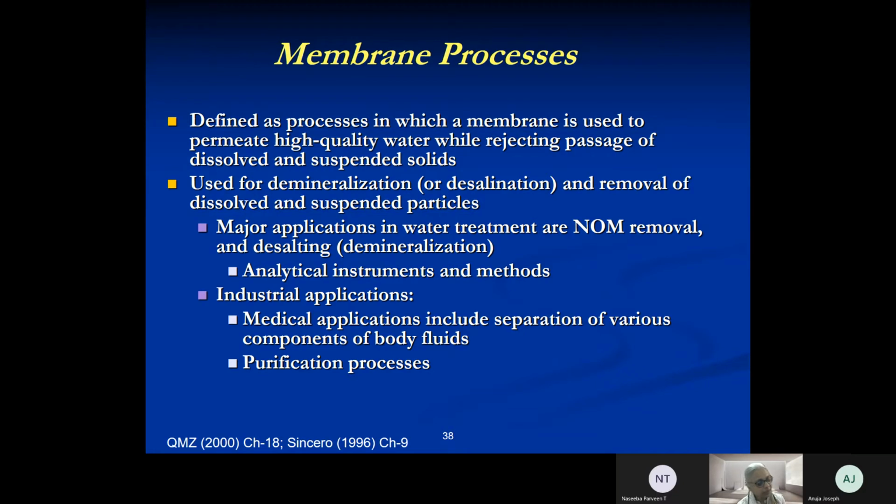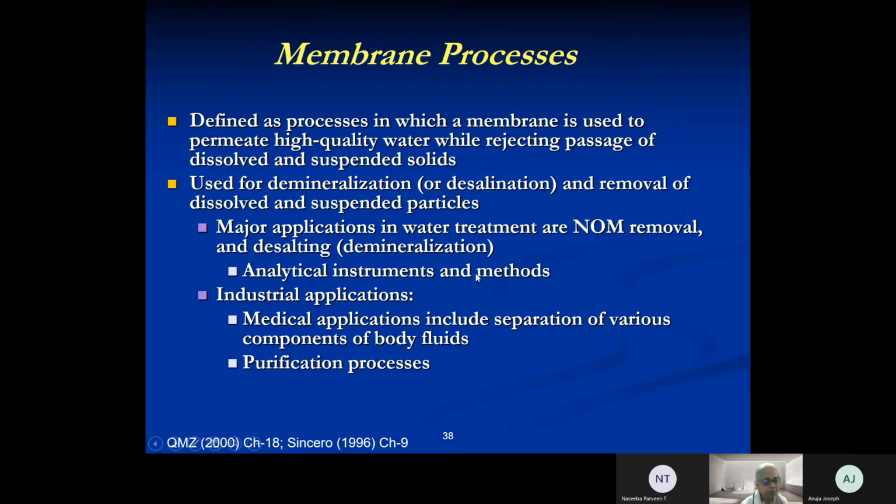When natural organic matter reacts with chlorine, it will form disinfection byproducts, so we want to avoid that. NOM is non-toxic, but because it creates other problems down the road, we want to remove it. So the major applications are removal of NOM as well as salts.